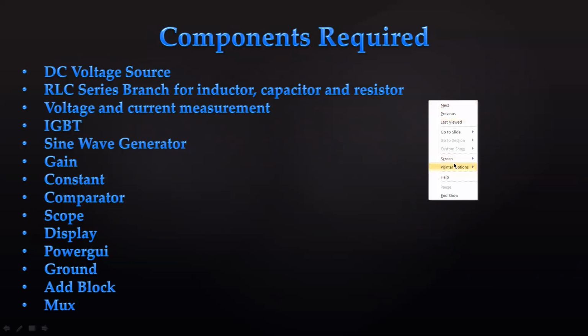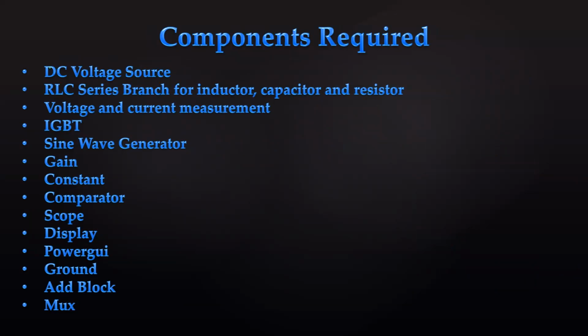These are the components that we require: DC voltage source, RLC series branch, voltage and current measurement, IGBT, sine wave generator or a triangular wave generator. We can use both of them. Gain, constant, comparator or a relational operator, right? The relational operator sign is something like this.